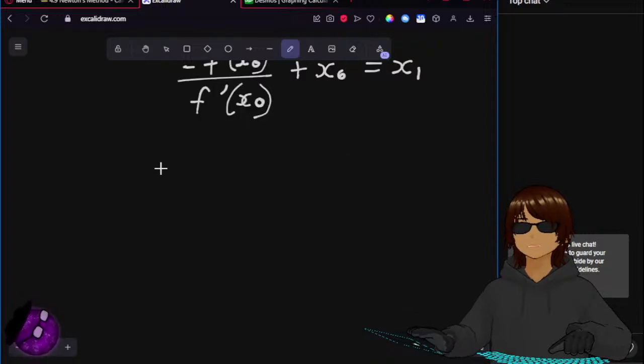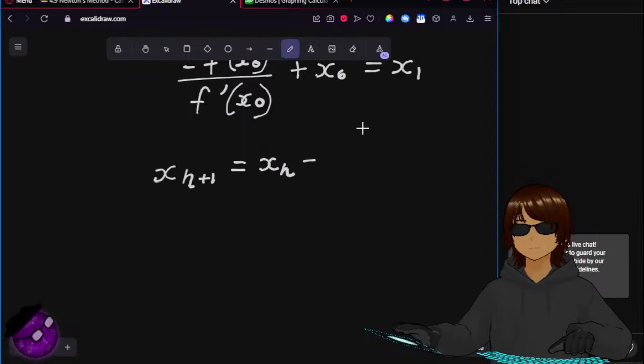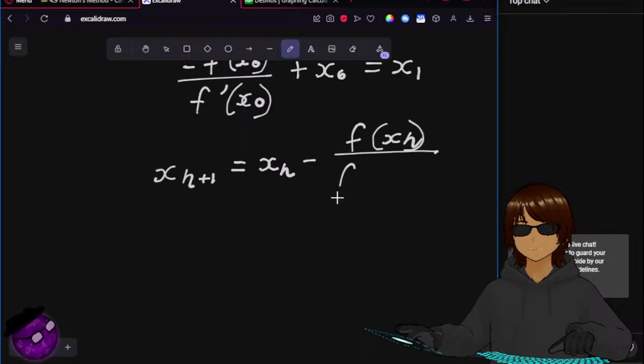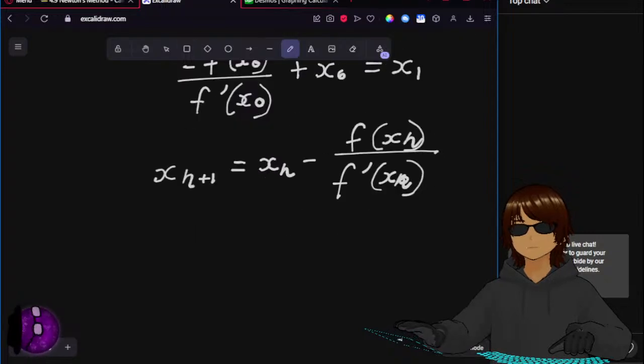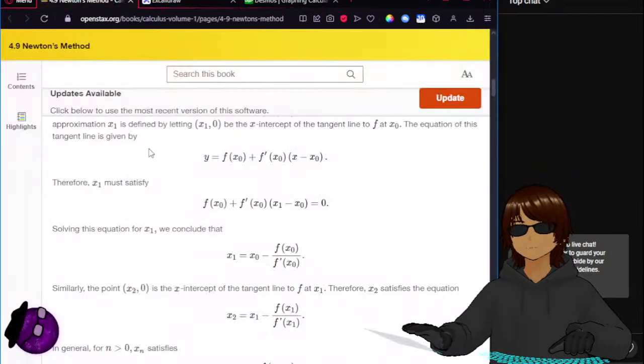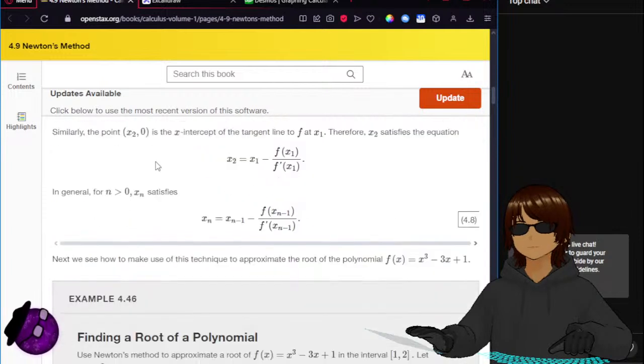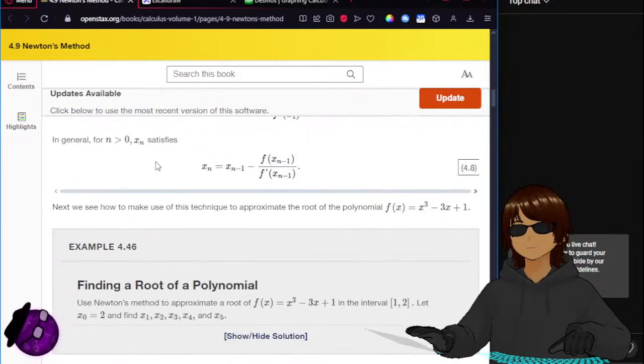So basically, for the next x, take the previous x minus f divided by the derivative. Then we keep doing that again and again.